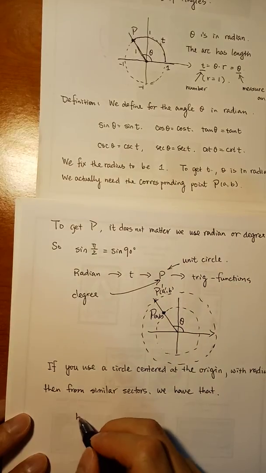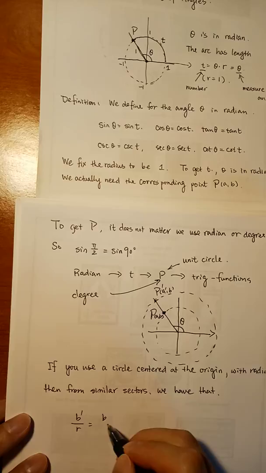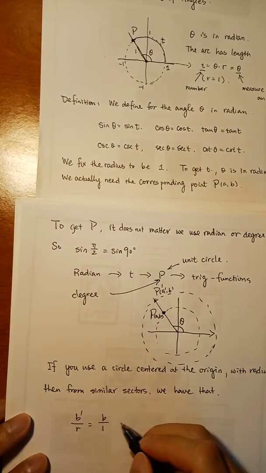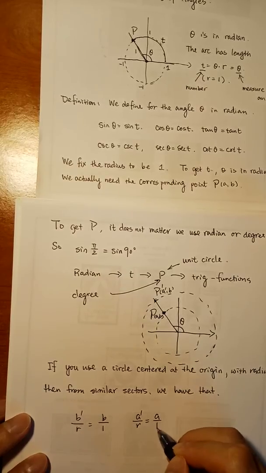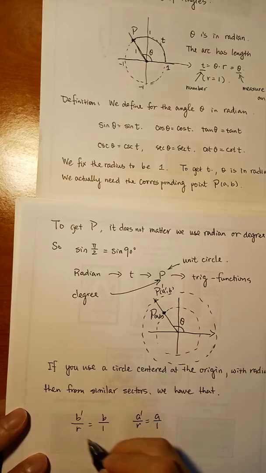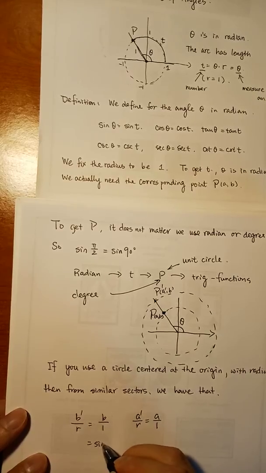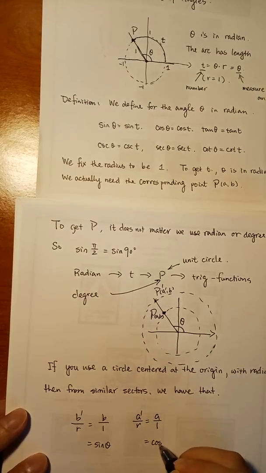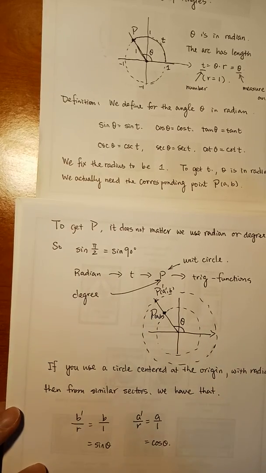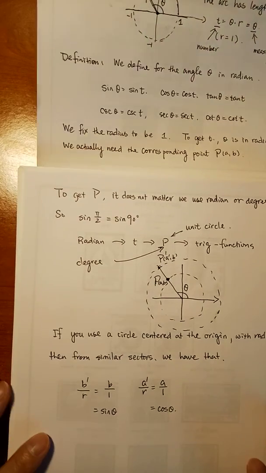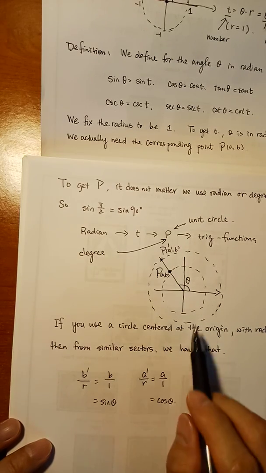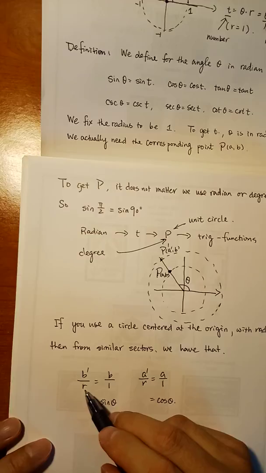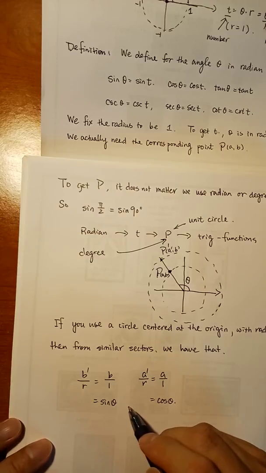You will have B prime over r is B over 1, and A prime over r is A over 1. This is equal to sine of theta, and this is equal to cosine of theta. Once you have sine and cosine, you can define the other four trig values. So if you have a different radius, you have to divide A and B by the corresponding radius.